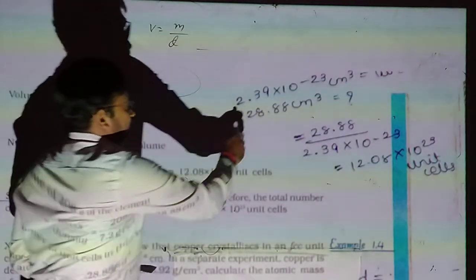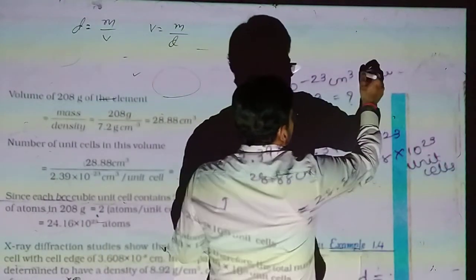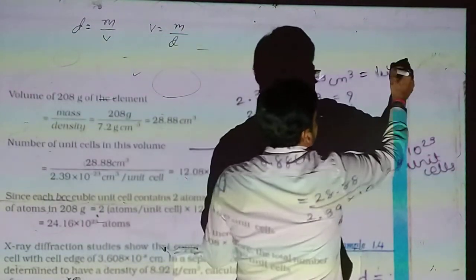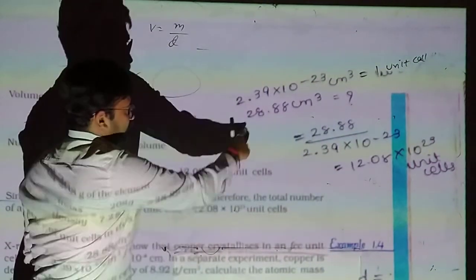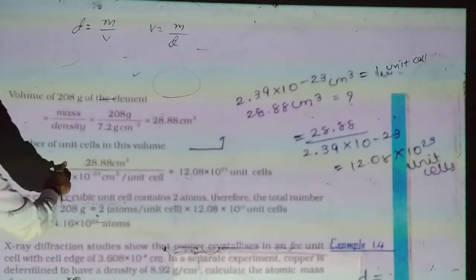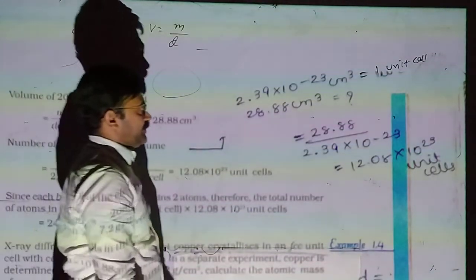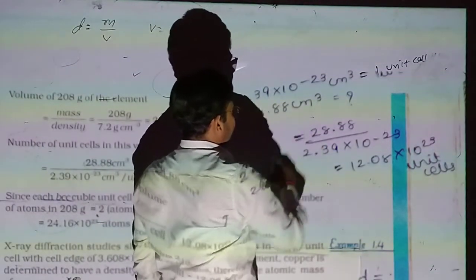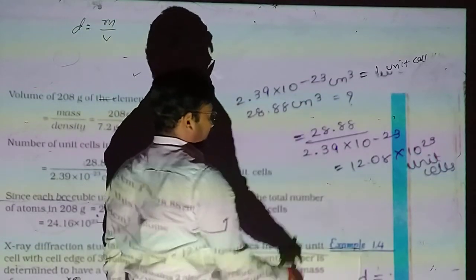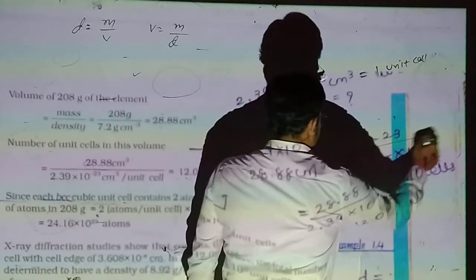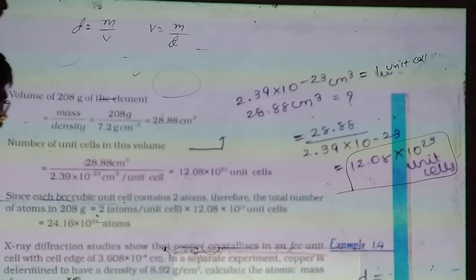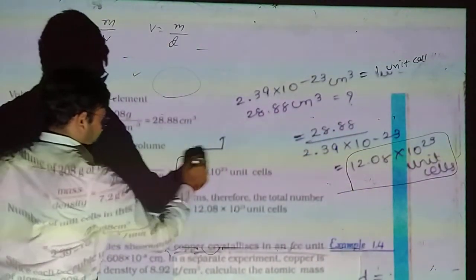The 2.39 into 10 raised to minus 23 is equal to 1 unit cell. So at 28.88 centimeter cube, how much? 28.88 divided by 2.39 into 10 raised to minus 23, 12.08 into 10 raised to 23 unit cells will come.